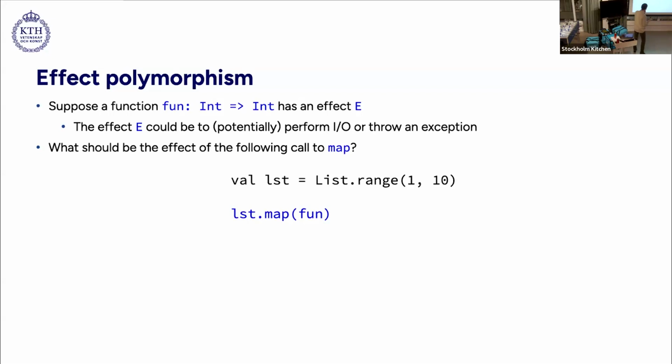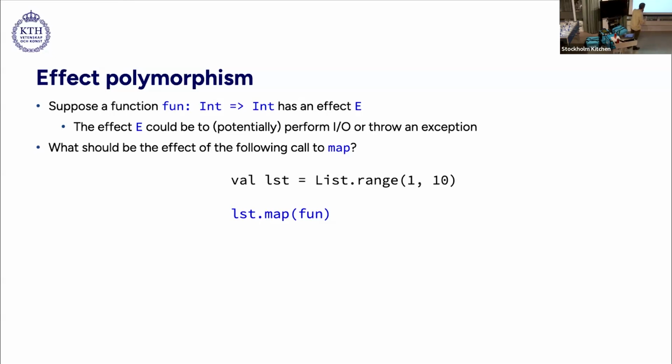Okay, you say list of E. Okay, that's a possibility. Someone says E. Yes, that's also a good suggestion. Thank you. So basically, you can think of it this way. Let's say E means throwing some specific exception. Well, if the effect means that it's possible for the function to throw the exception, then map of fun means it is also possible that this thing throws the exception.